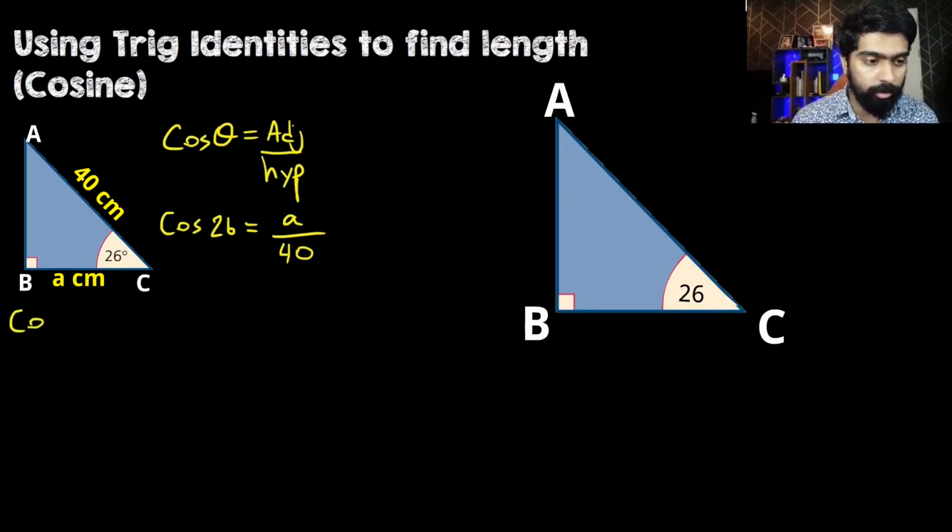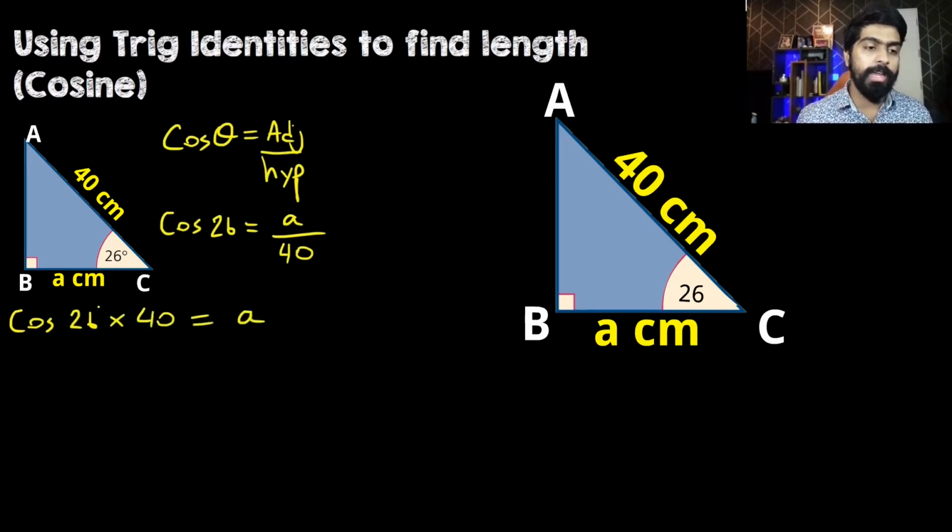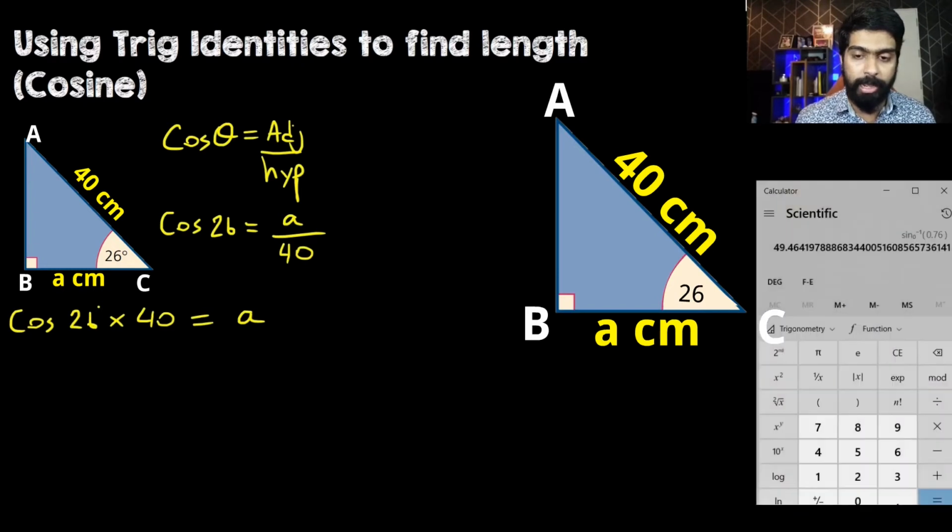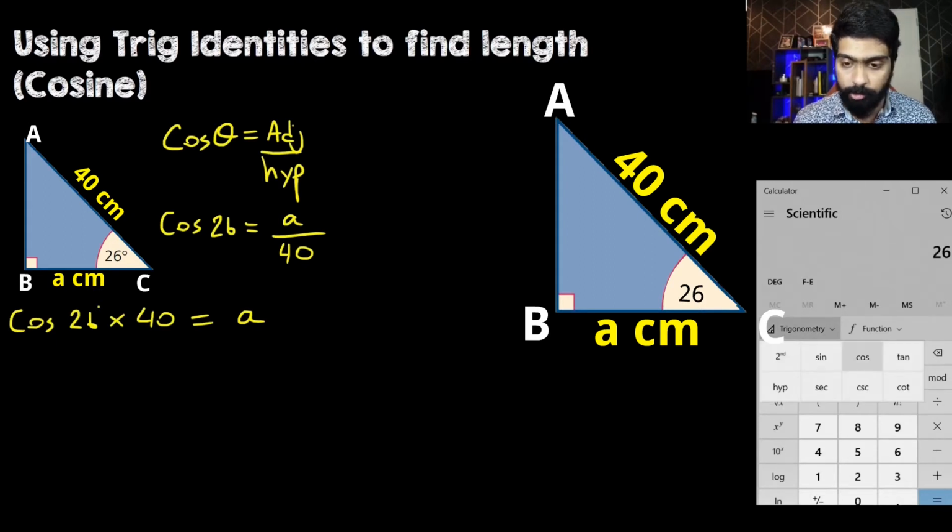Now, let's multiply both sides with 40. So we have cos 26 degrees multiplied with 40 will give us the value of A. Let's use the help of a calculator. Cosine of 26 degrees is approximately 0.89.